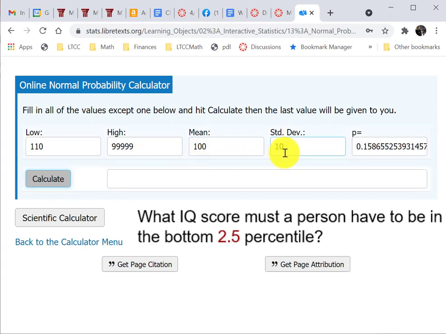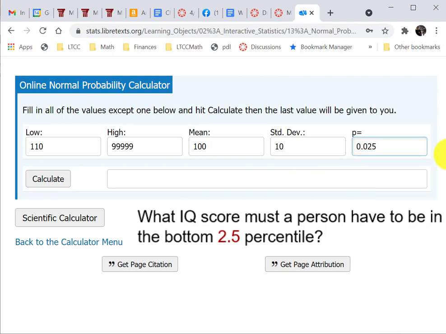We have the same mean, the same standard deviation, but now we want the 2.5 percentile, and that means the area to the left is 0.025, or the probability of being to the left of a certain number is 0.025. So this time I know the p.